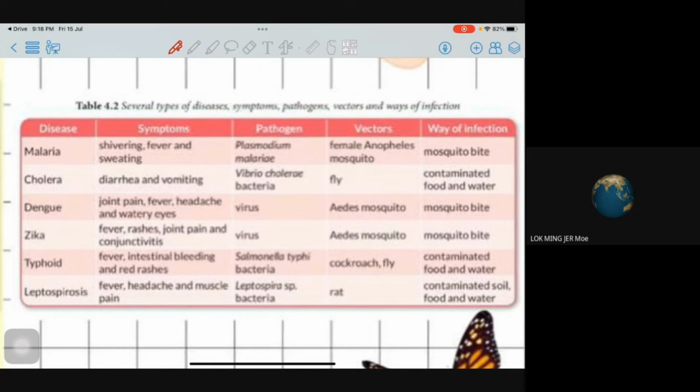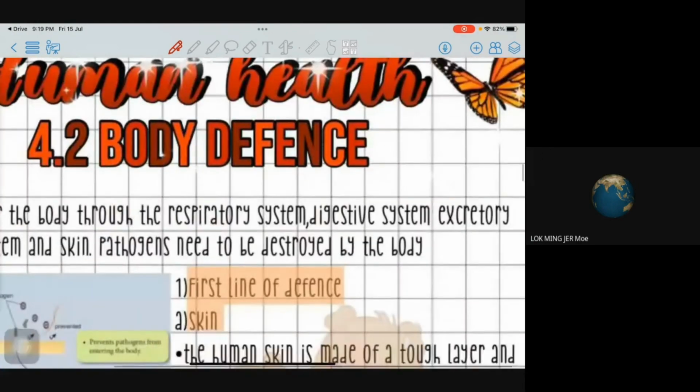When you eat food that you didn't wash, for example, a can of beverage, you need to wash it first before you open it, because you don't know if the rat walked here and there, because rats normally live in very dirty places. Okay, that's it for the vector.